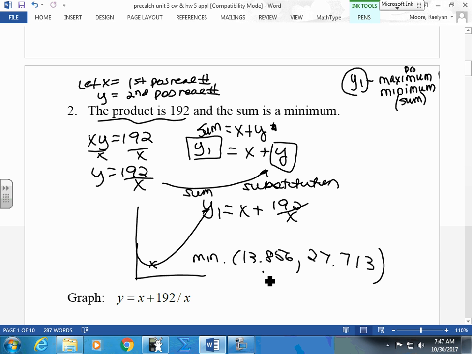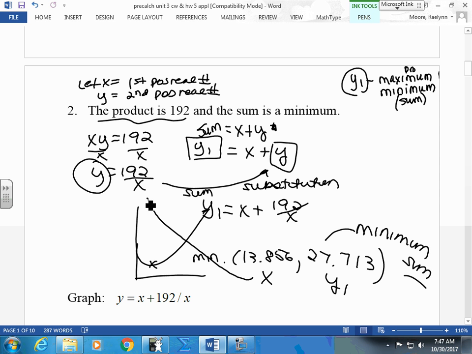Okay, now, important part. This is the X. This is my Y1. This represents my minimum sum. This represents my X number. Now, I need to find, for homework, it's 2 and 3 and 4. I think you did 4, but now it'll be 3. I need to find my other Y, this guy.